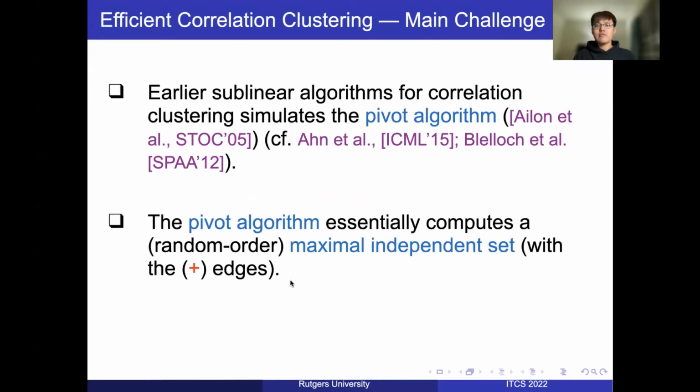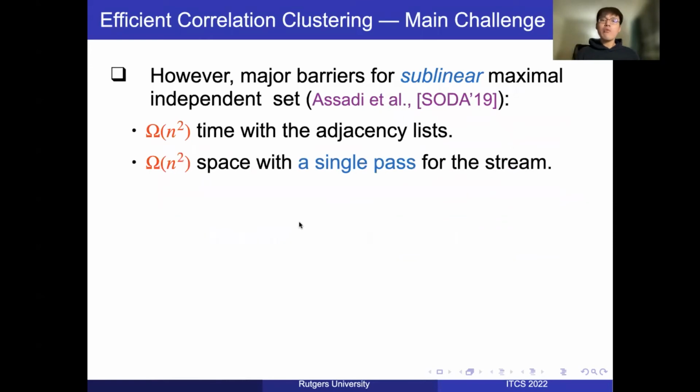The pivot algorithm is extremely elegant and easy to implement, and it essentially computes a random order maximal independent set on the positive subgraph. However, to compute the maximal independent set, there are some barriers. Under the identity list model, there's an omega n squared time lower bound. And similarly, under a single pass over the stream, there's an omega n squared space lower bound.